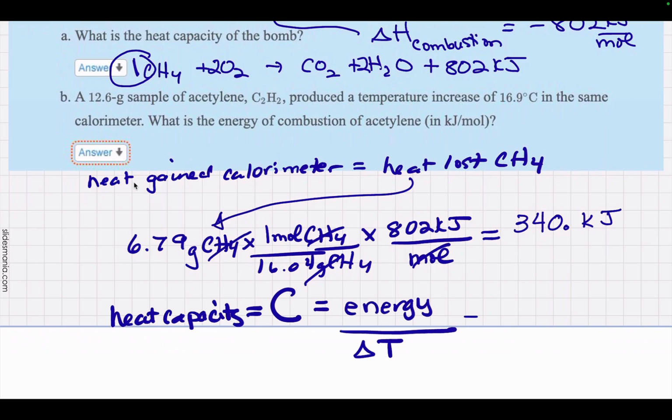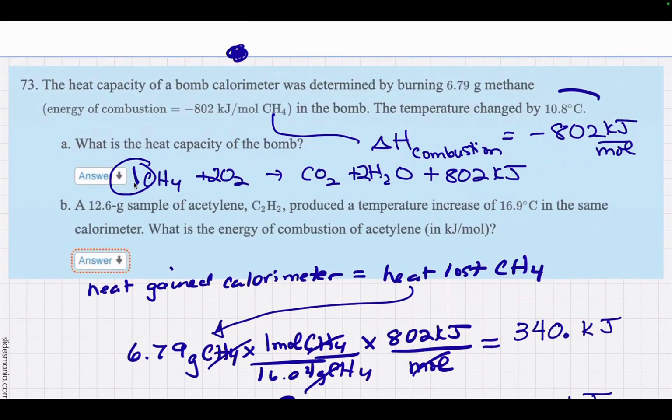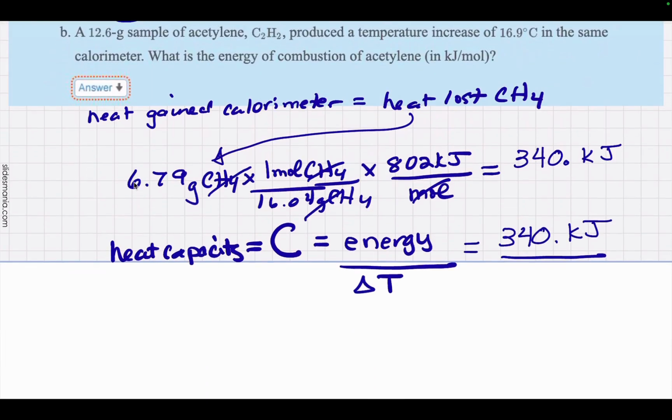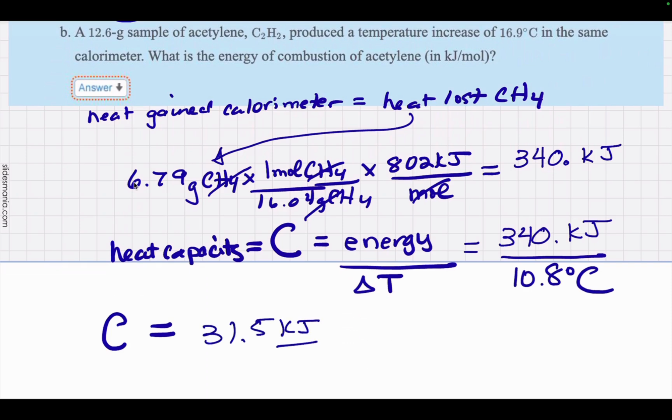So in this problem, when we burned the methane, we had 340 kilojoules of energy that the calorimeter absorbed. We're assuming all of the energy from the combustion goes into the calorimeter. And in the question, we know that the temperature of the calorimeter changed by 10.8 degrees Celsius. So now I know the heat capacity of the calorimeter is 31.5 kilojoules per Celsius.